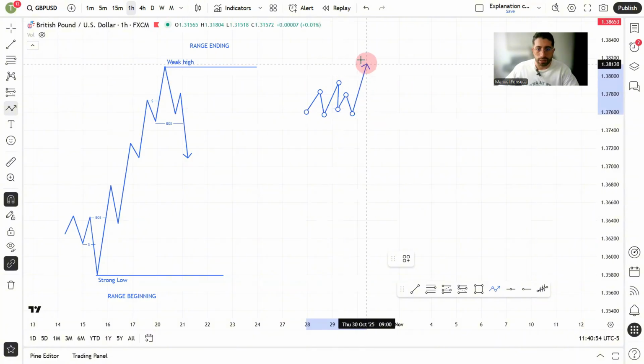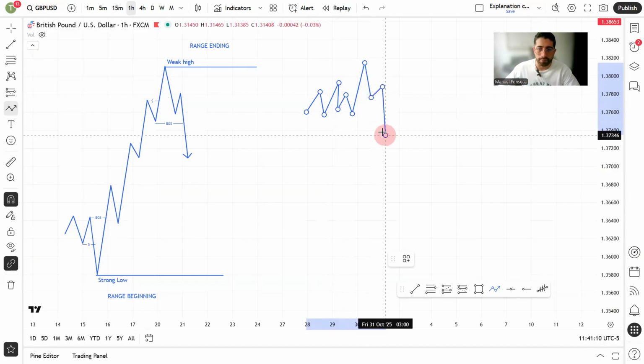Then we have a liquidity grab from the swing high, or the highest point. Then this liquidity is taken. It could be with a body of a candle or a candle wick, it doesn't matter. And then we have a break of structure, BOS, right?